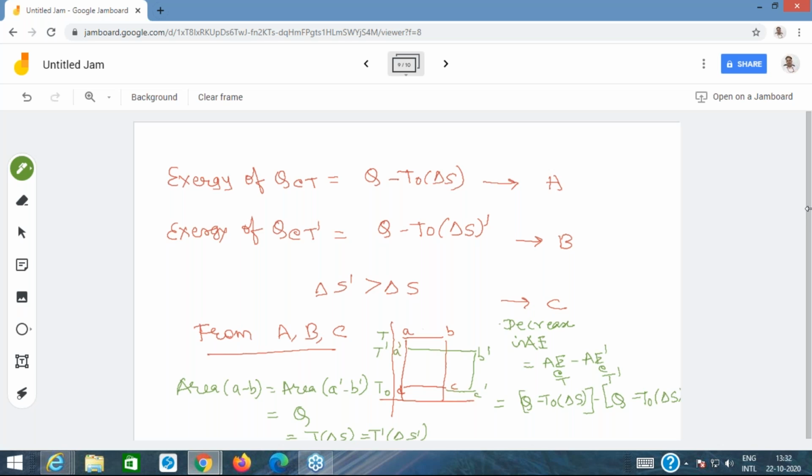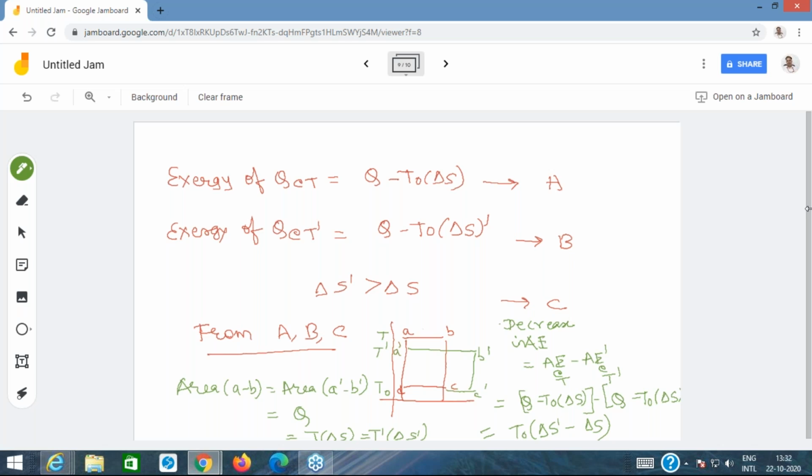If you do the subtraction, what you'll get is the loss in available energy, which would be equal to T naught into delta S dash minus delta S. That would be the loss in the available energy, or decrease in the available energy, or exergy destruction.